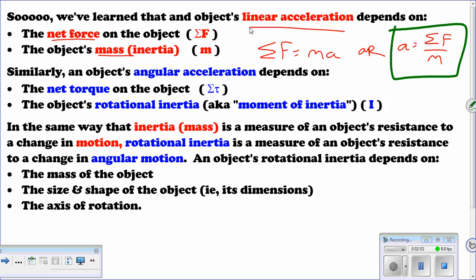If you want to accelerate something linearly, its inertia, the thing that resists the change in motion, just depends on the mass. It turns out that for rotation, that's not the case. It's not just the mass that determines how hard it is to cause the object to accelerate.